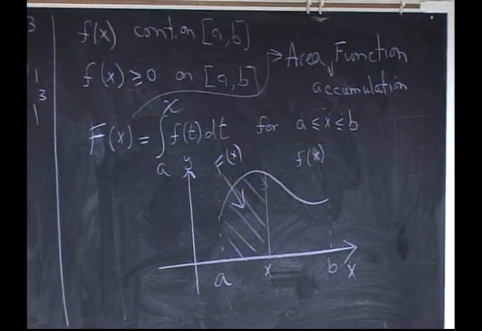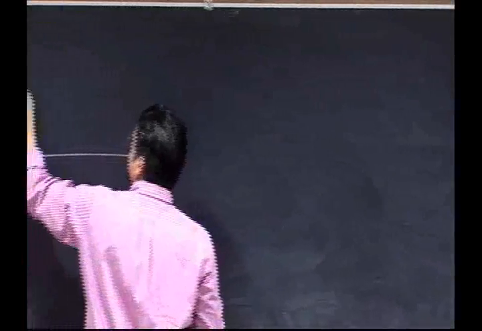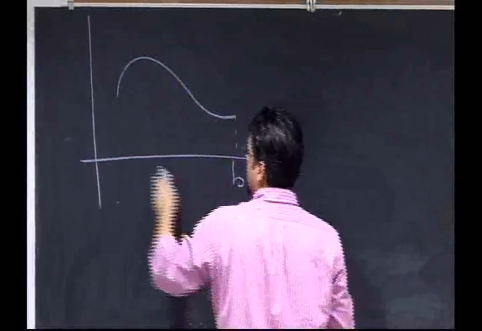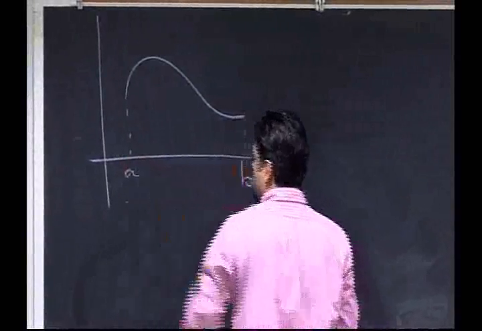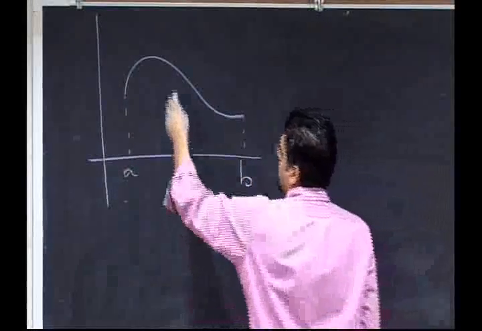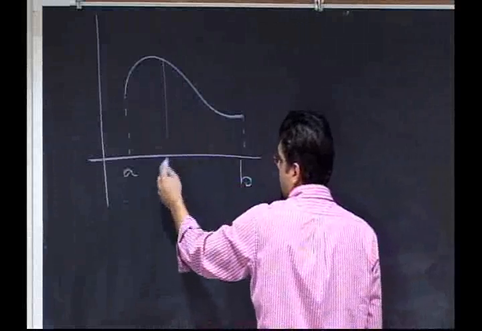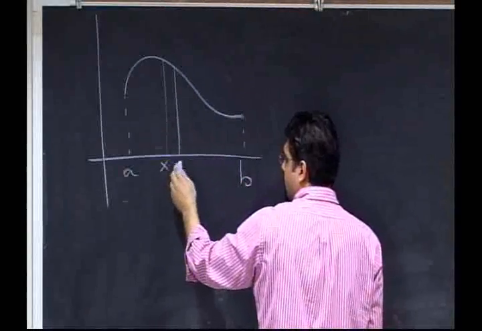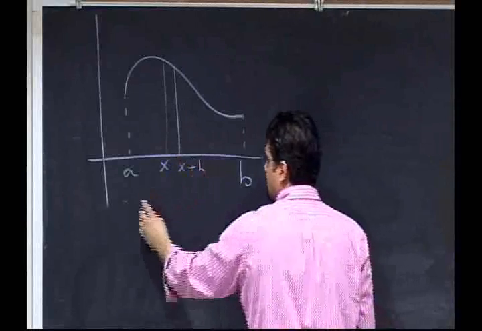Okay. We'll try to draw the same picture now. We're going to say that x changes just a little bit, so it goes from x to x plus h. So h is small.